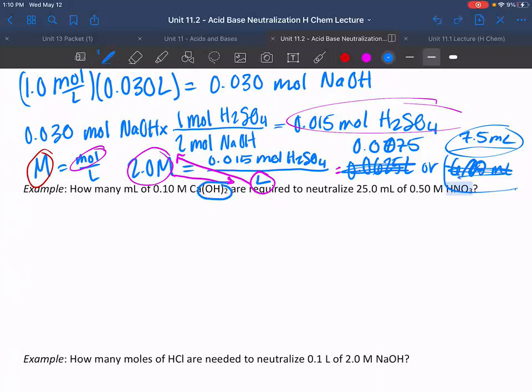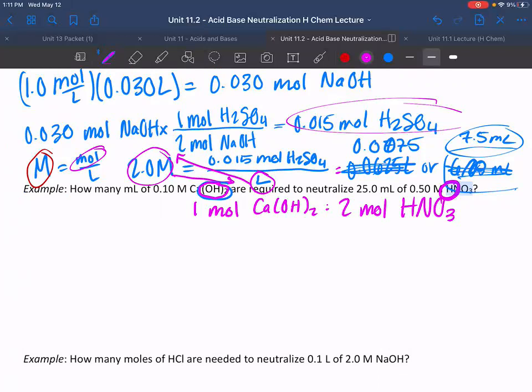So for every 1 mole of calcium hydroxide, we're going to need 2 moles of nitric acid to neutralize it, because nitric acid only has 1 hydrogen to contribute. You can always find these by writing the balanced chemical reaction. So when in doubt, write out the full reaction.